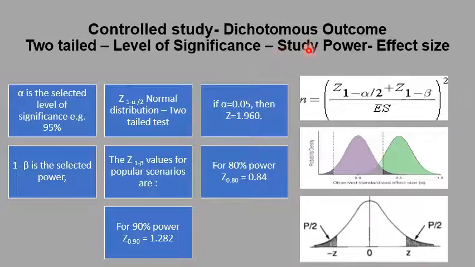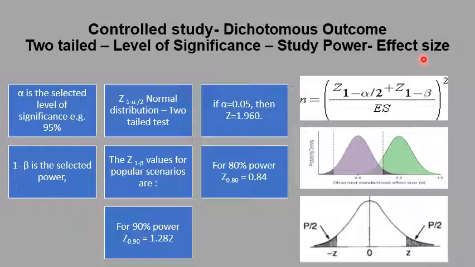The study power is how much you can tolerate a type 2 error, and for this the z-score is usually 0.84 for the 80% power and 1.282 for the 90% power, and these two are the most commonly used powers in clinical trials.